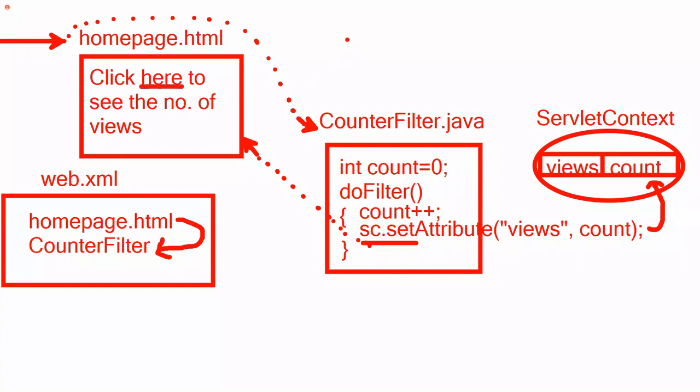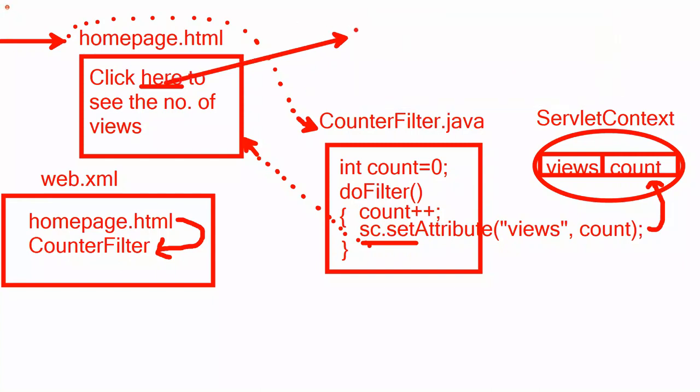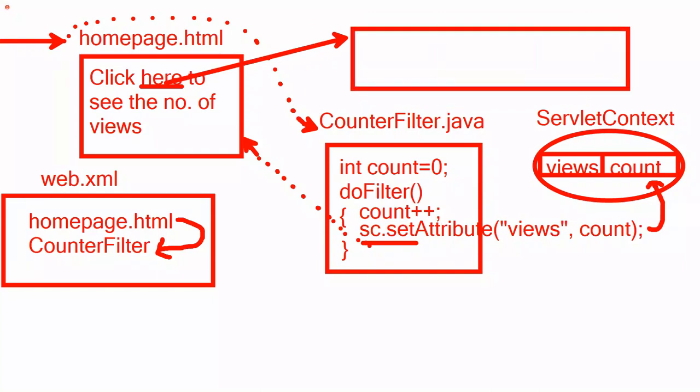When I click the hyperlink, servlet, sorry, not HTML. Here I'll write a servlet to display something. Now this count value I'll retrieve through get attribute.